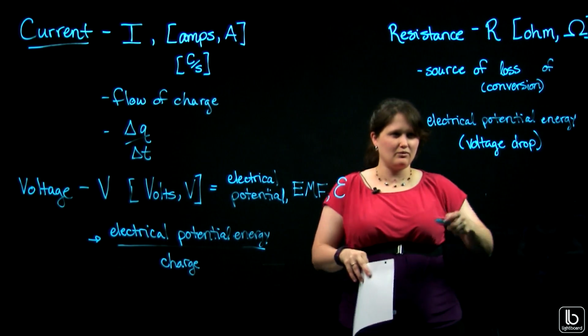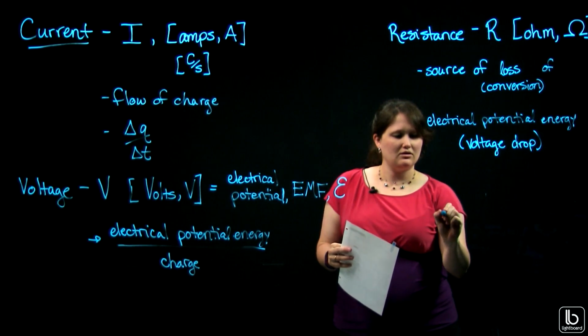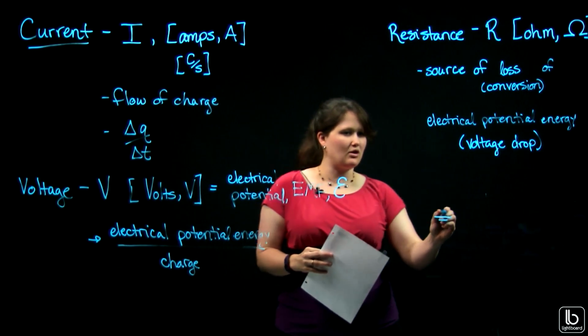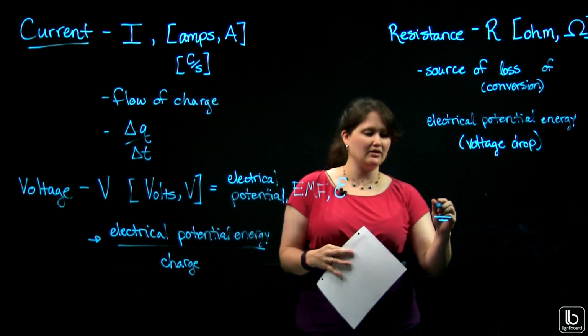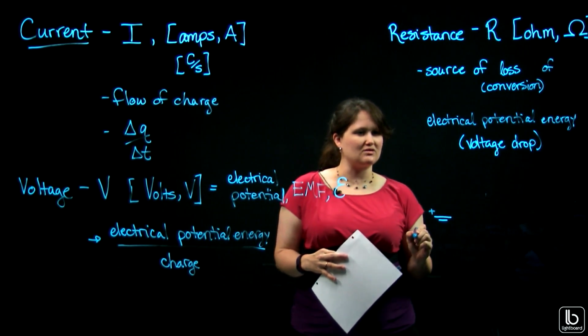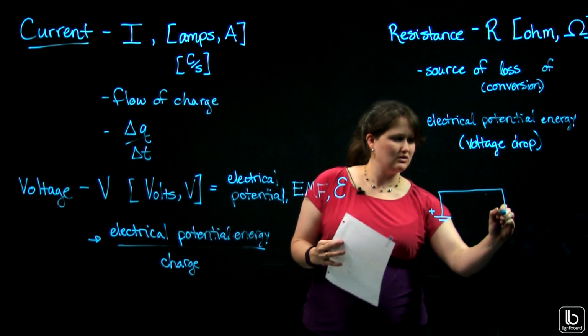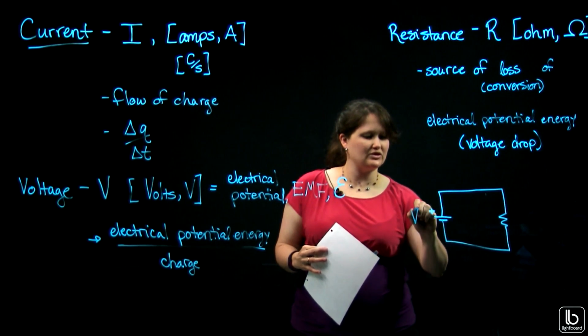So real quick, the way that might look in a circuit, we represent voltage with this long and short line. Anytime you see long and short, that's your voltage supply. The long is usually the positive side. So we have voltage and voltage supply.